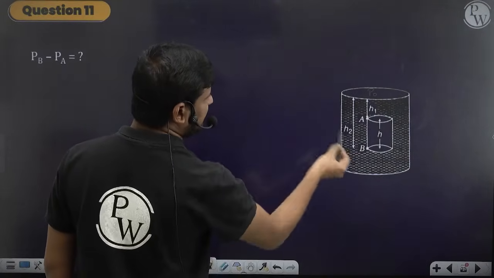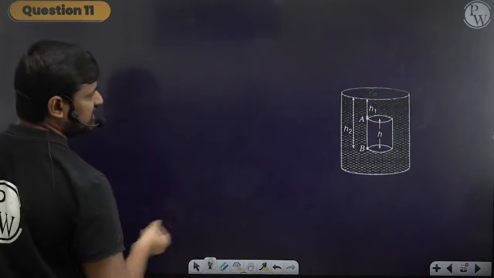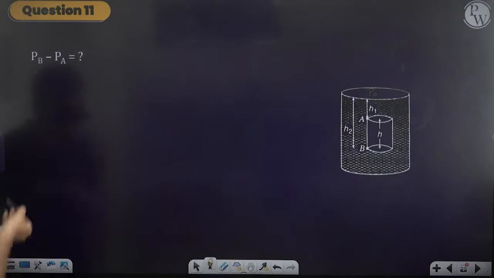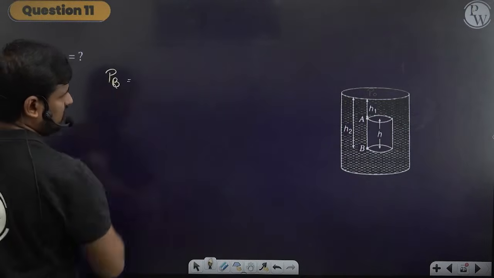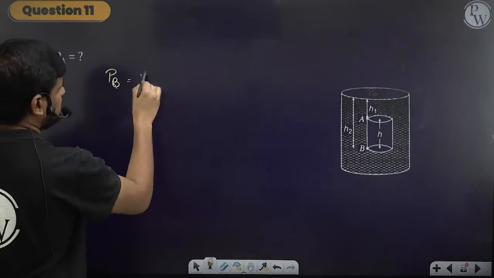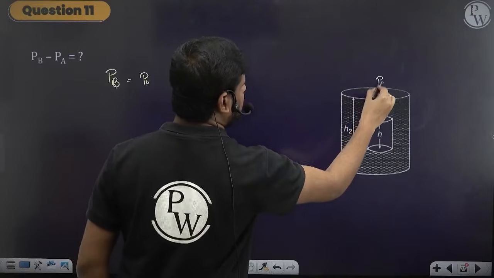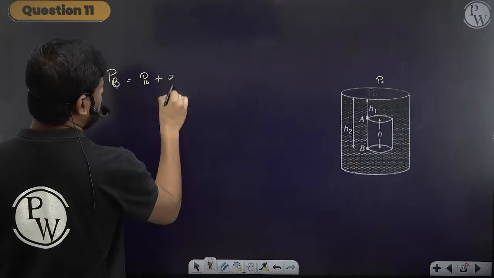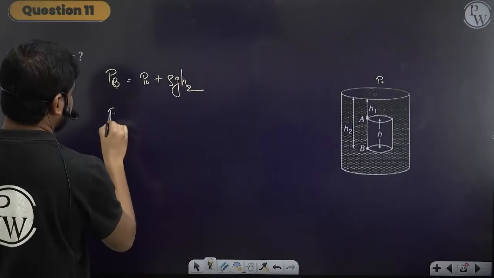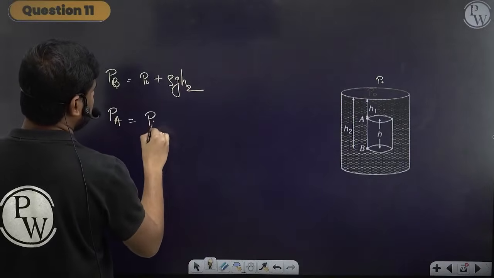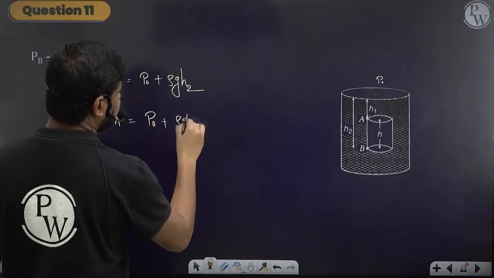Okay. Now PB minus PA: see here, B point is here, A point is here. B is at a height of H2, A is at a height of H1. They are asking what is PB minus PA. So the pressure at point B is equal to the atmospheric pressure, let's say P naught, plus rho g H2, right? And the pressure at A is P naught plus rho g H1.